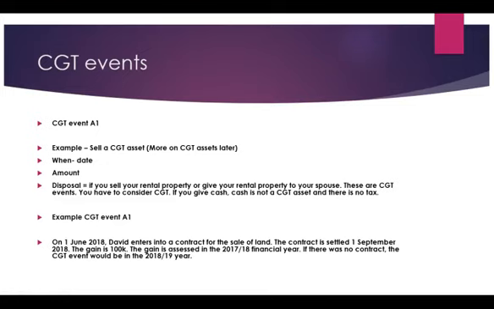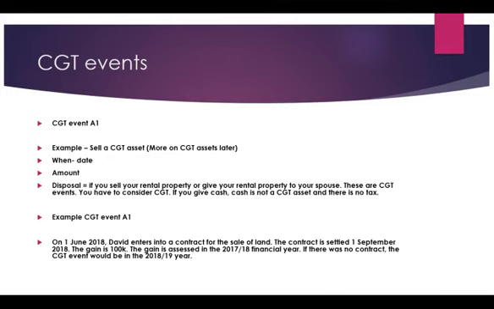So our CGT event A1, in this example, we've sold an asset. Maybe we've sold some shares. That is the what. That's what we're doing. And we'll talk more about CGT assets later. The when, that's the date. So if I sell some ANZ shares on the 30th of June, but then on the 4th of July, the money goes into my bank account, what is the date for the capital gain?